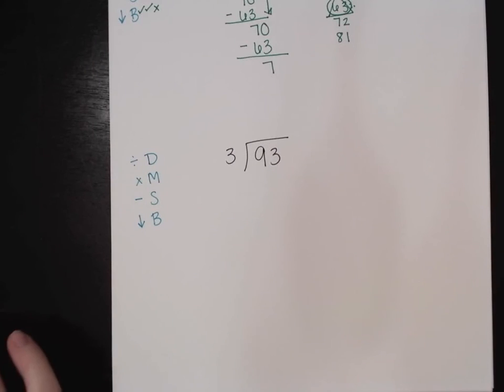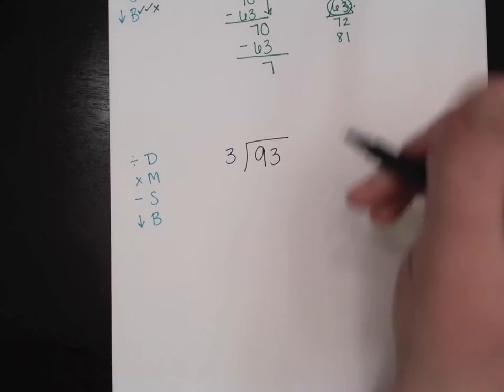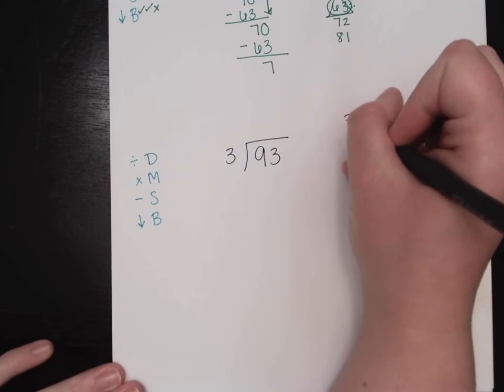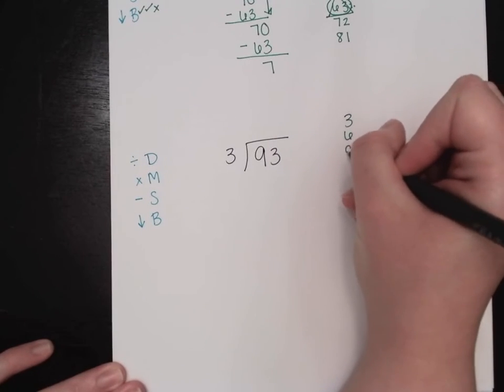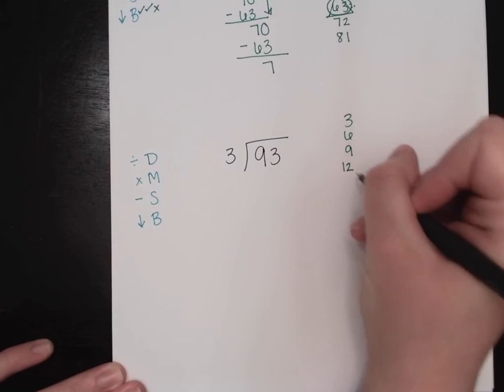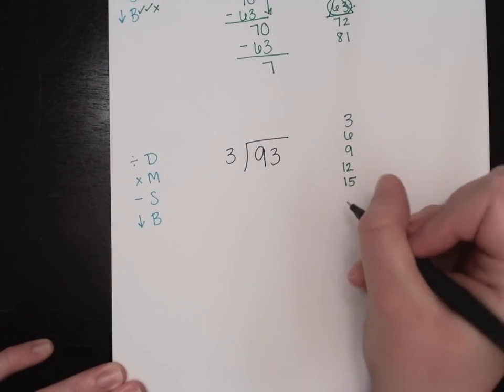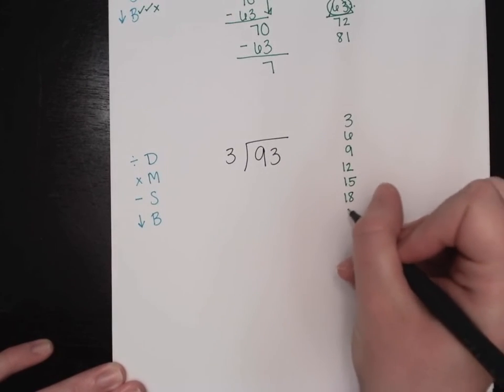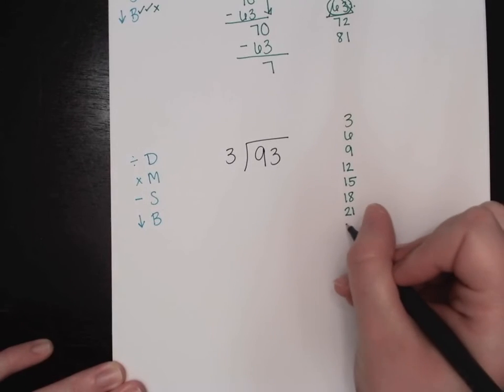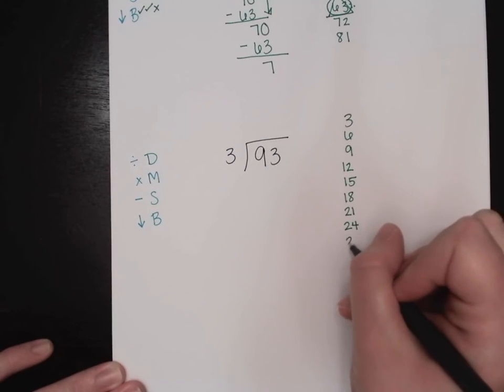And then on the right, you're going to list your multiples of your divisor. Your divisor is 3, all the way to the 9th multiple. So 3, 6, 9, 12, 15, 18, 21, 24, and 27.